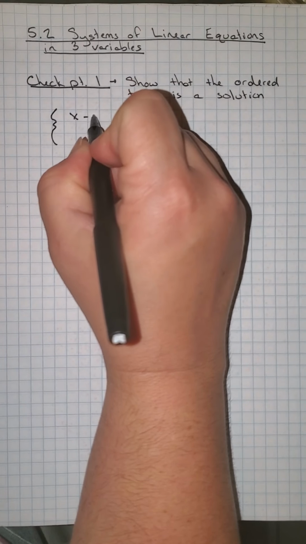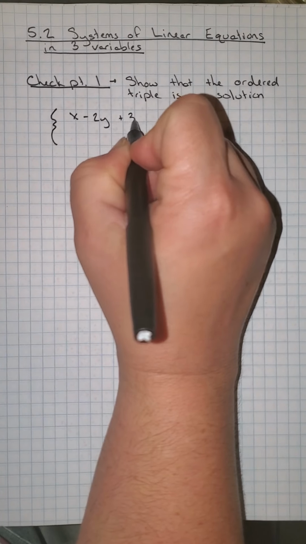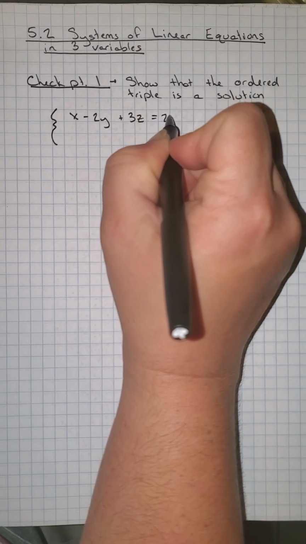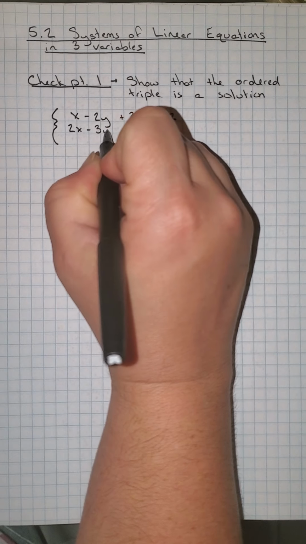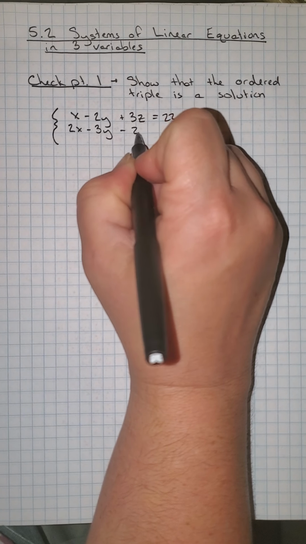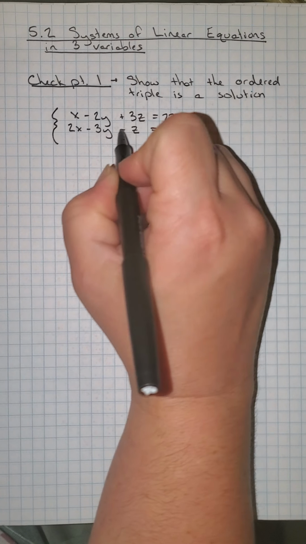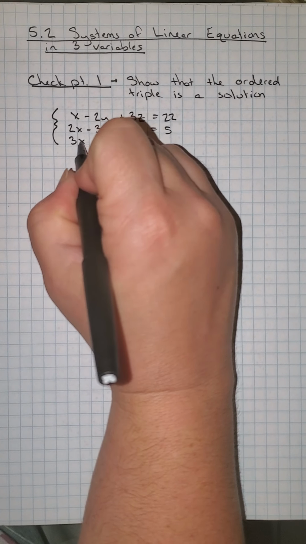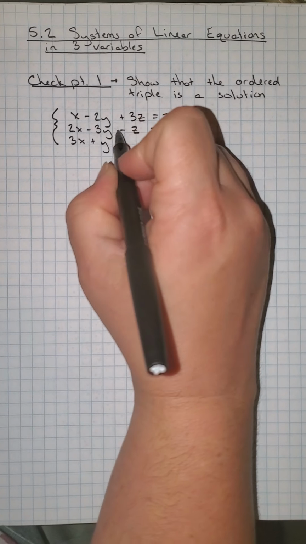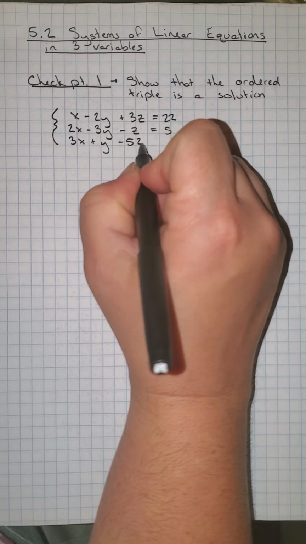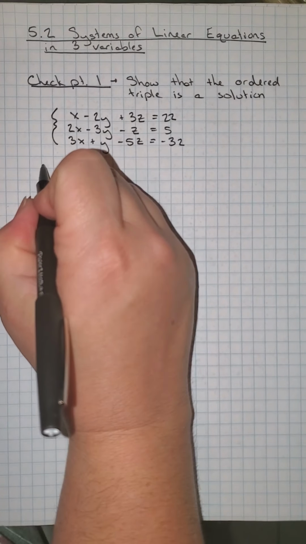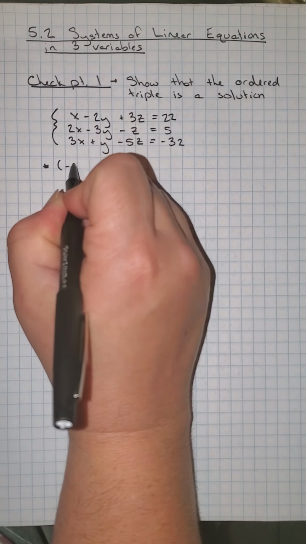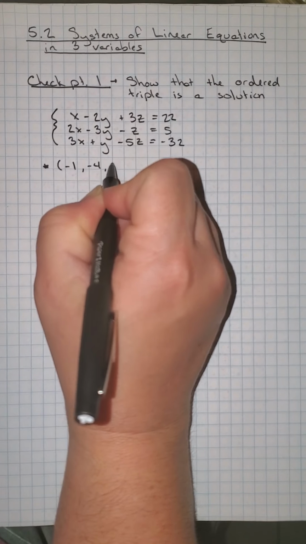We have x minus 2y plus 3z equals 22. And we have 2x minus 3y minus z equals 5. And 3x plus y minus 5z equals negative 32. And then the point that we're given is -1, -4, and 5.